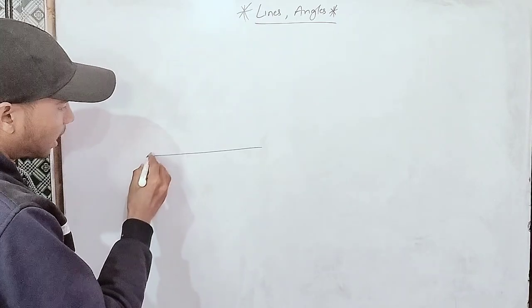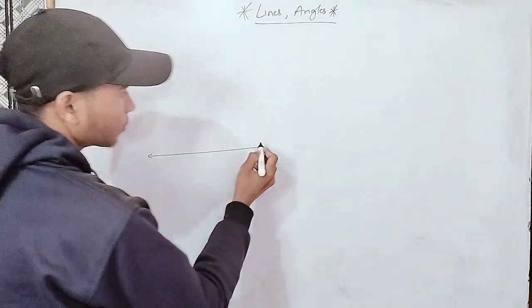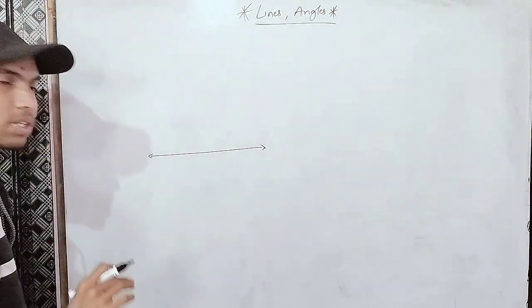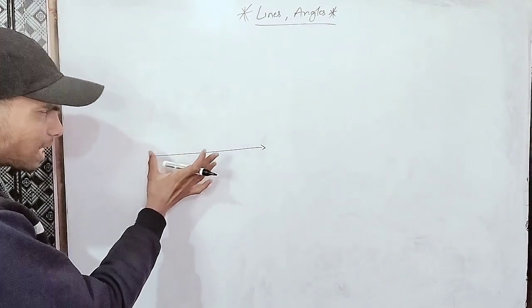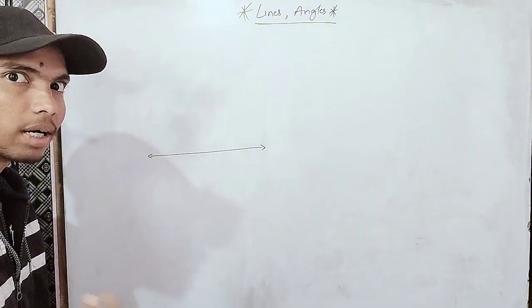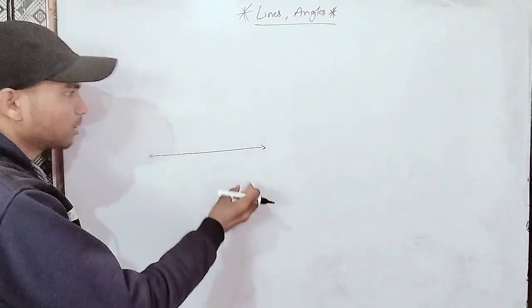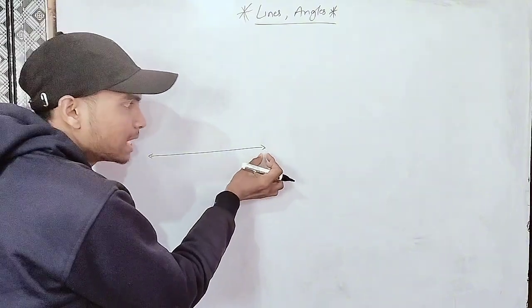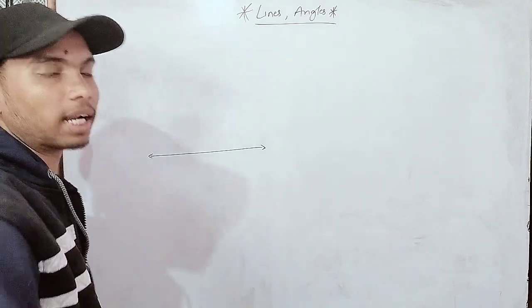But what if I say, now this is your line. Can you tell me whether both ends of this line are completed or not? I would say no. Both ends of this line continue. The meaning is that this end is going infinite and this end is going infinite.